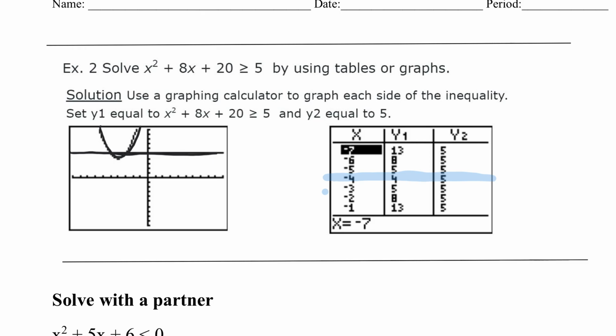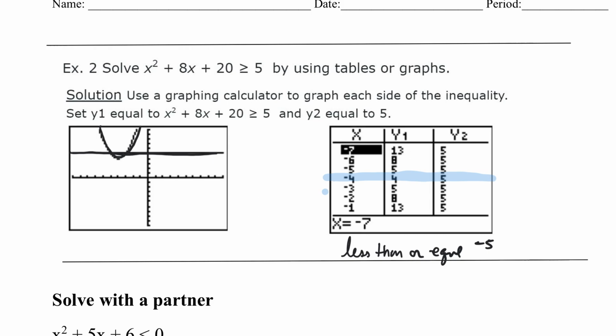So it appears to me that anything that's less than or equal to -5, and you can see -5 gives you a y value of 5, -6 gives you a y value of 8, -7 gives you a y value of 13. It satisfies the inequality.